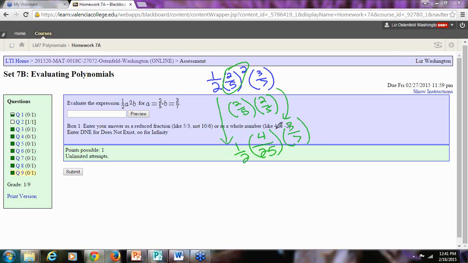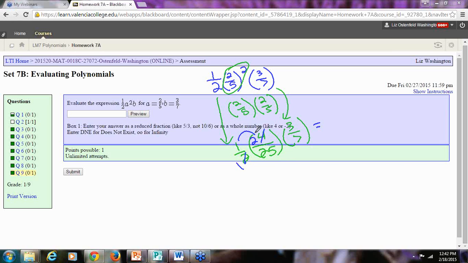And what I will try to do here, if possible, is simplify anything that I can on the diagonal. So I can see that 2 and 4 can be simplified. 2 goes into 2 once. 2 goes into 4 twice. 3 and 25 do not have anything in common. 3 and 7 do not. There's really nothing else. So now I'm just going to multiply straight across.